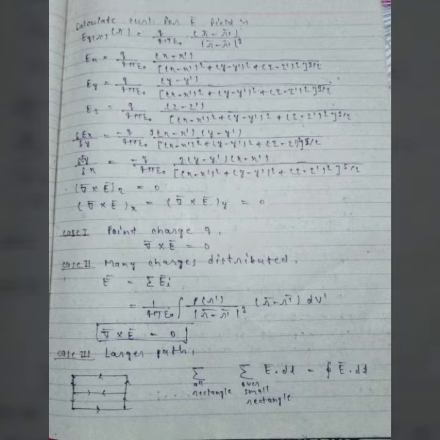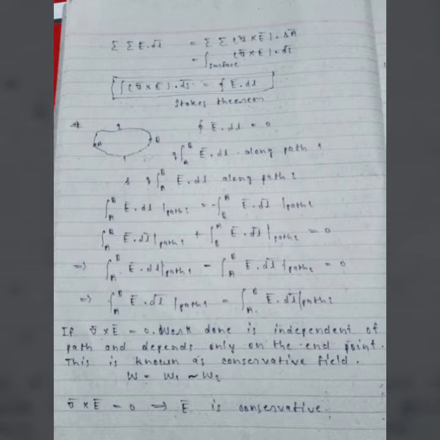So summation of E dot dl over small rectangles, and then this summed over all rectangles, gives me integral E dot dl, where dl is only the outside path. But this is by definition equal to summation over each rectangle of curl of E dot delta A, and then I am summing over all rectangles.